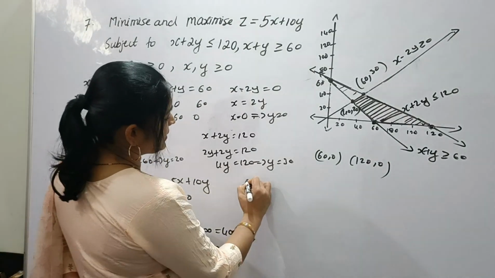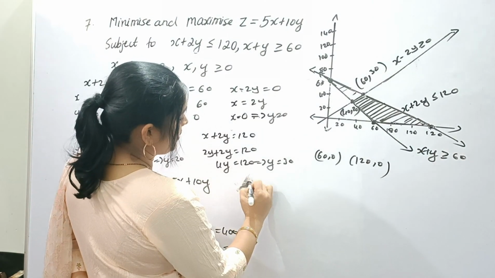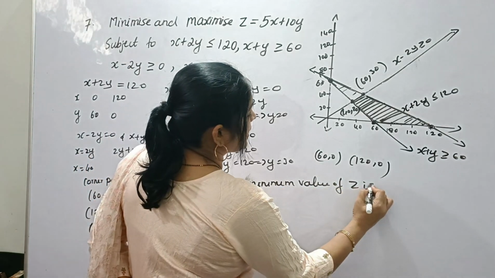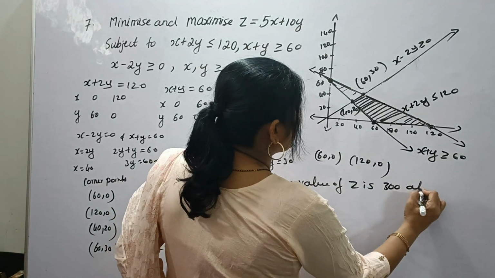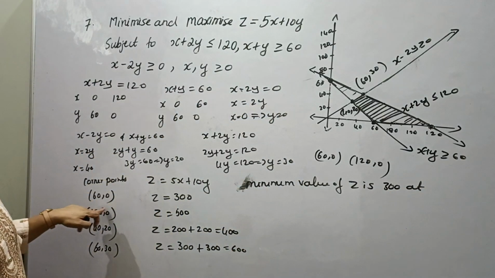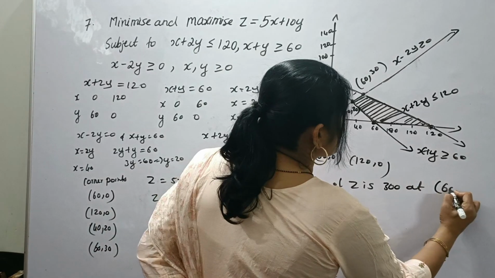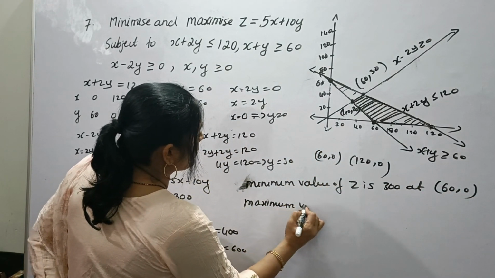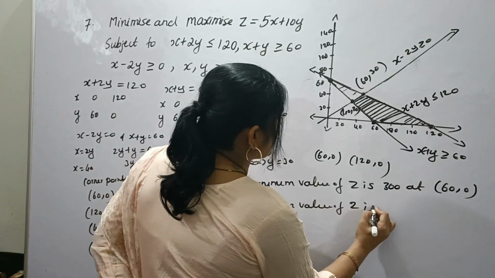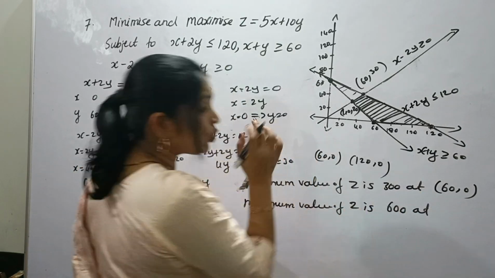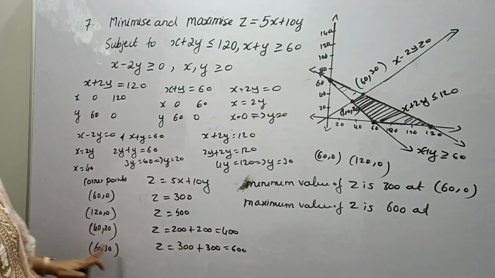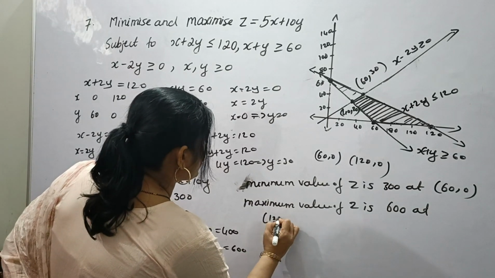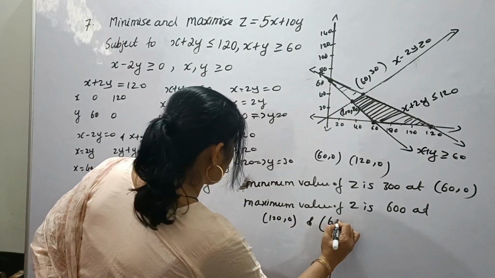So, the minimum value of Z is 300 at (60, 0), and the maximum value of Z is 600 at 2 points, (120, 0) and (60, 30).